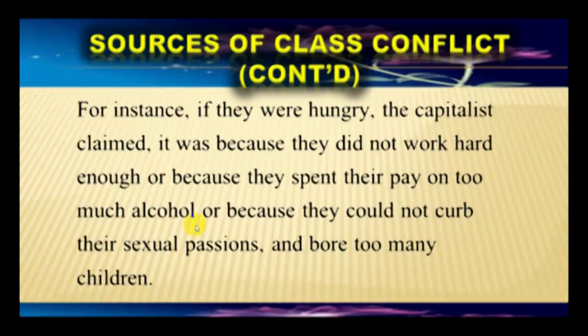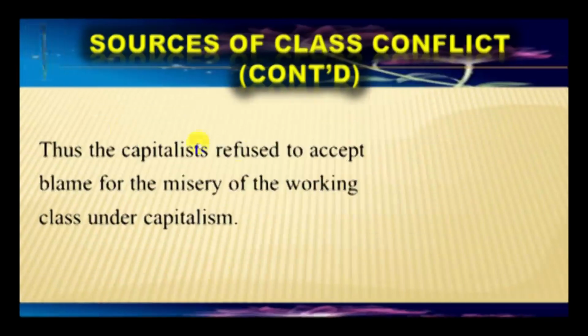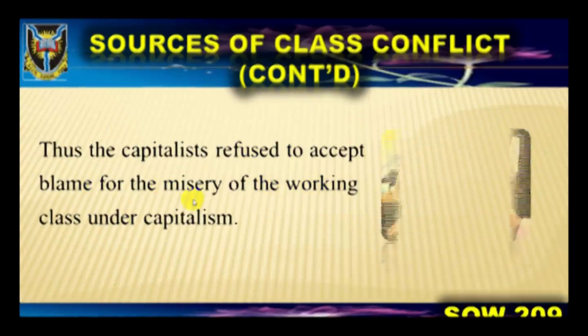For example, if they were hungry, the capitalists claimed it was because they did not work hard enough, or because they spent their pay on too much alcohol, or because they did not curb their sexual passions and bore too many children. Thus, the capitalists refused to accept blame for the misery of the working class under capitalism.